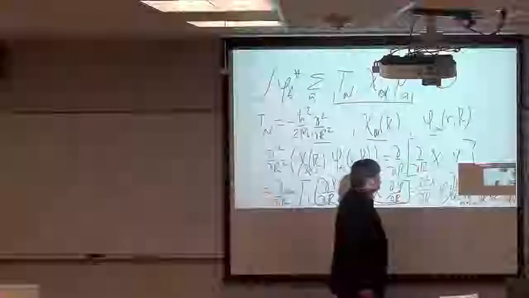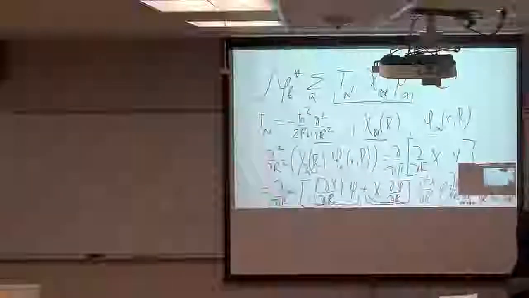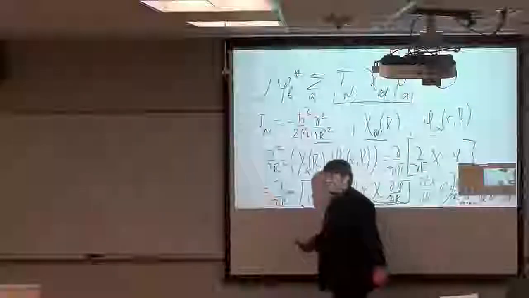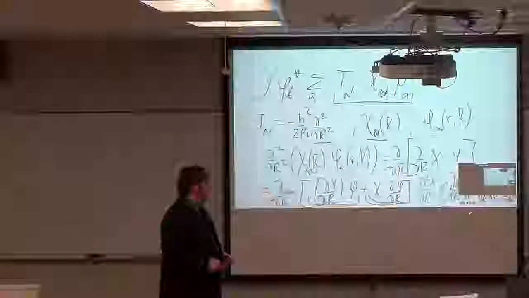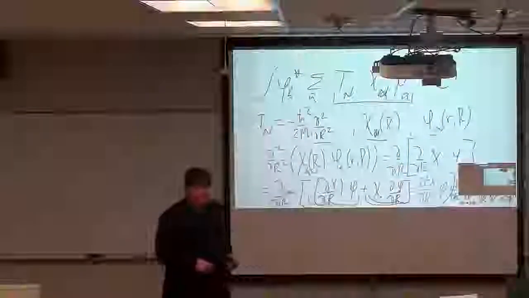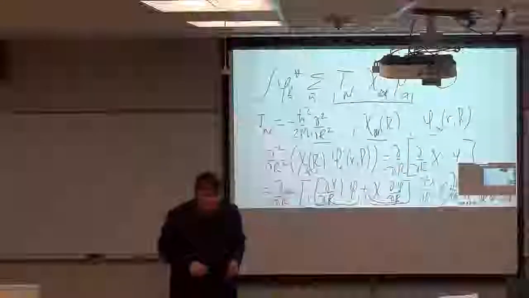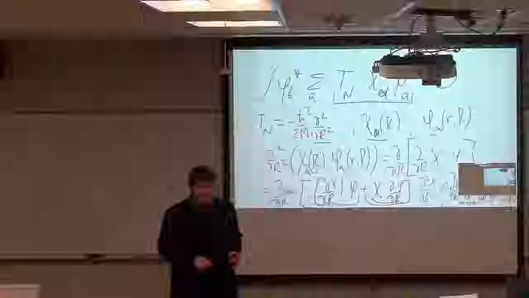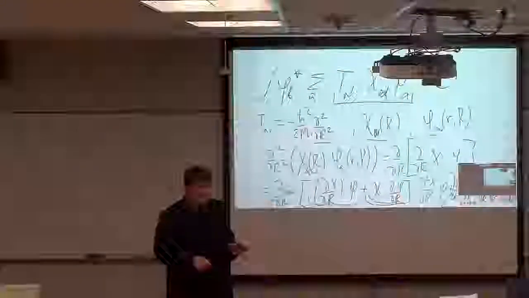One very normal term, the last term, mostly normal, is when the derivative operation is applied only to the chi function, and this is the pure kinetic energy of the nucleus.